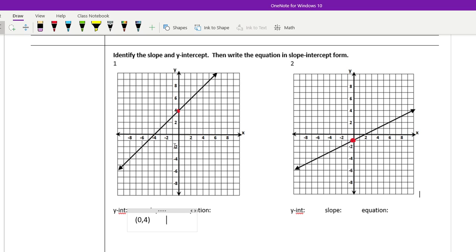For my slope, I can choose another location. I'm going to link back up with our last set of notes and use our x-intercept, our 0 value.